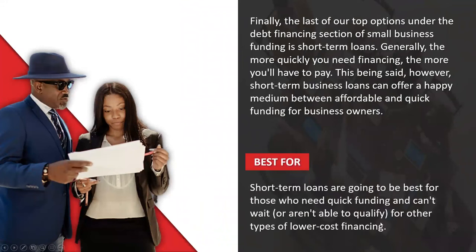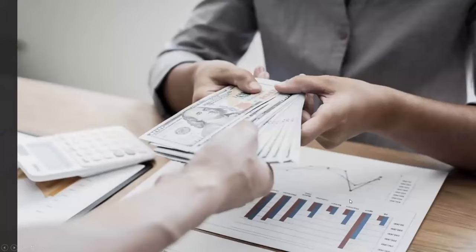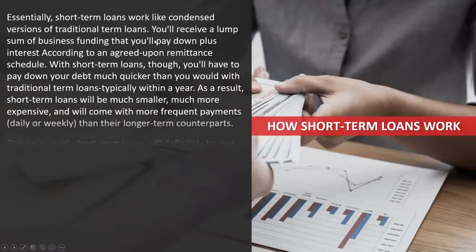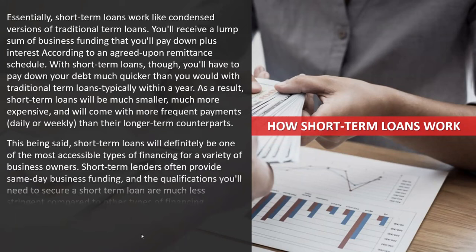They can't wait for other types of low-cost financing. Generally, with how short-term loans work, usually you can get access to these products quick. The only thing is that because it's a short-term loan, it's usually going to be a much higher cost, okay?